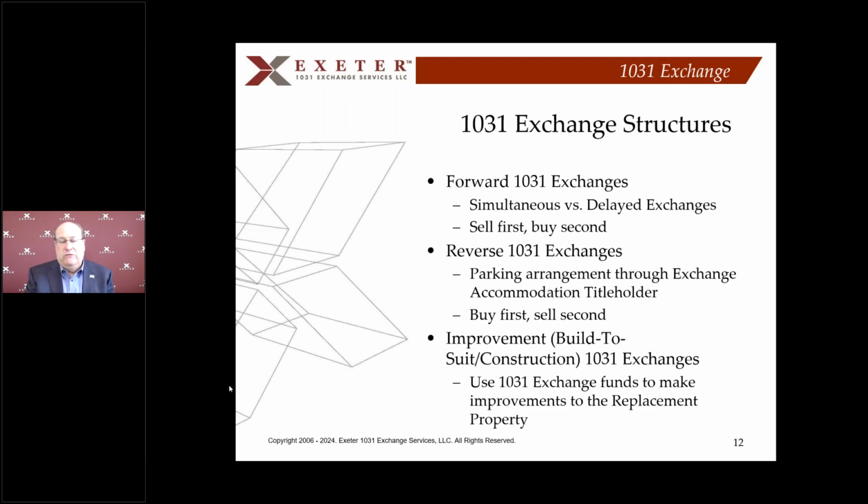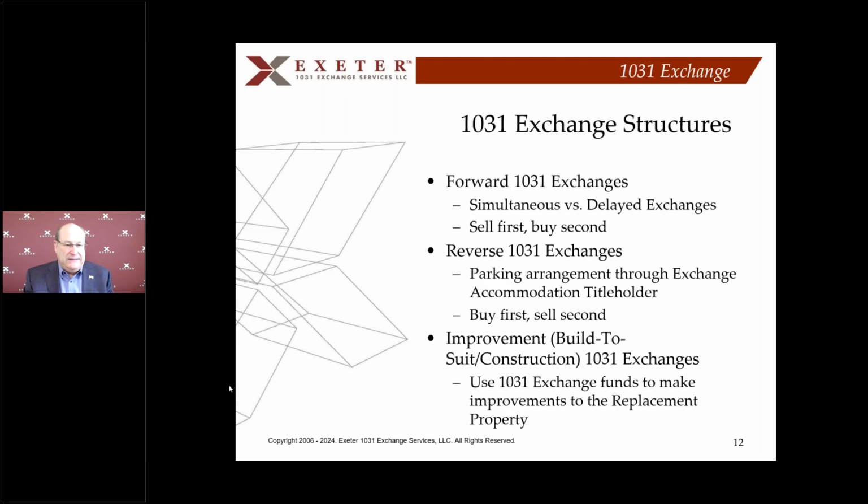Improvement 1031 exchanges, or what a lot of people refer to as build-to-suit exchanges or construction exchanges, are difficult. You've got a safe harbor rule that requires you to do everything within 6 months, or exactly 180 calendar days: identifying replacement property, acquiring the property, and us then having to hold title to the property just like a reverse exchange or parking title, and then getting permits, etc., and then making the improvements and getting all of that done within 180 calendar days is very difficult.